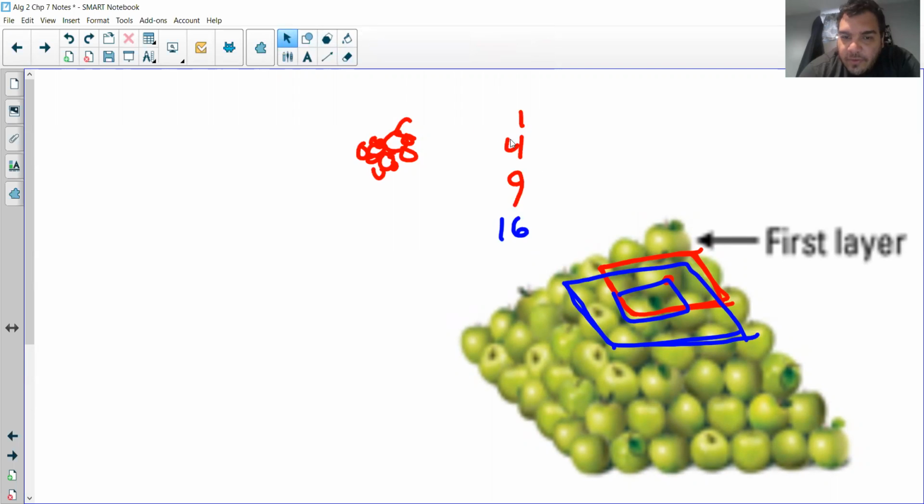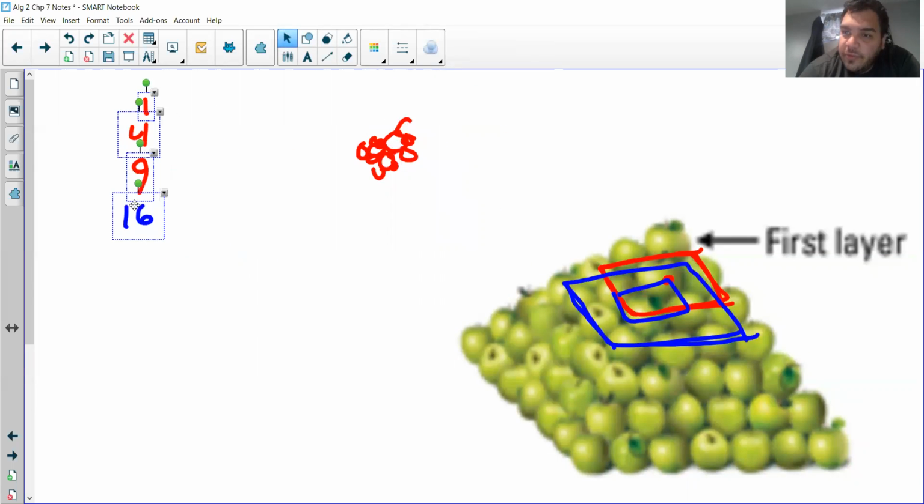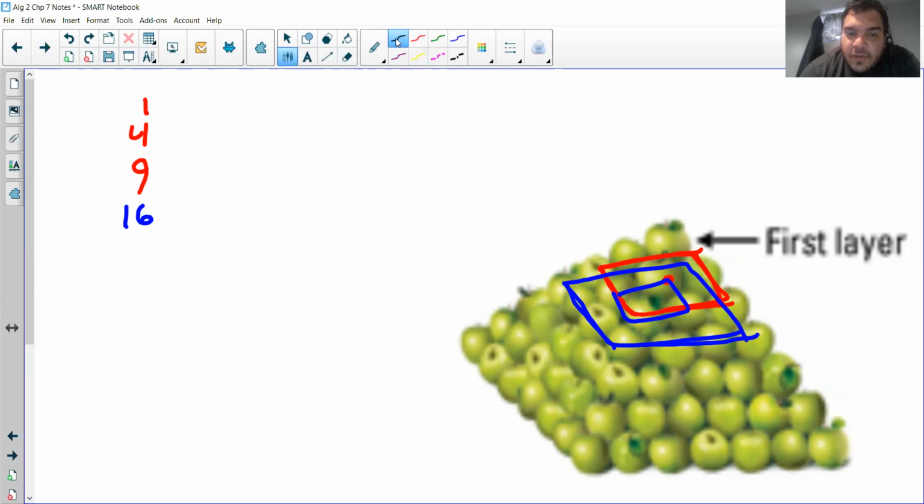So I'll give you the first 4 terms. This one would force you to use a pattern. I did not give you an equation for this. Try to figure out what is the pattern of these numbers. And if you privately message me the right answer for the 7th layer, you're free to go early.